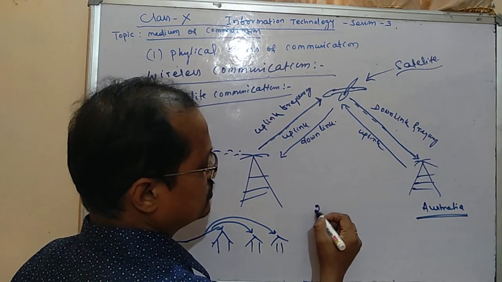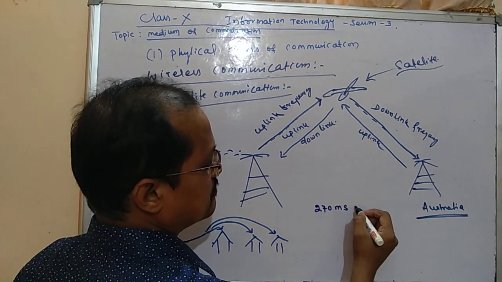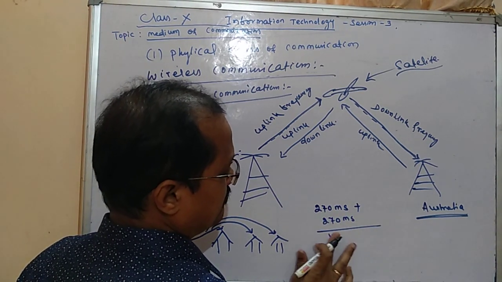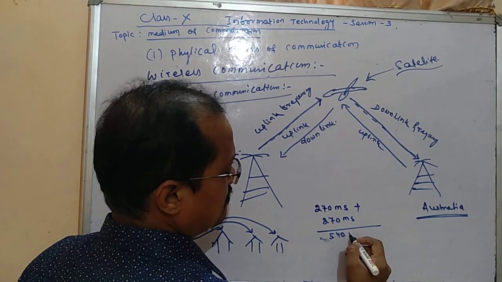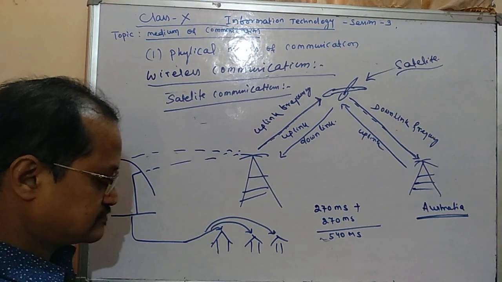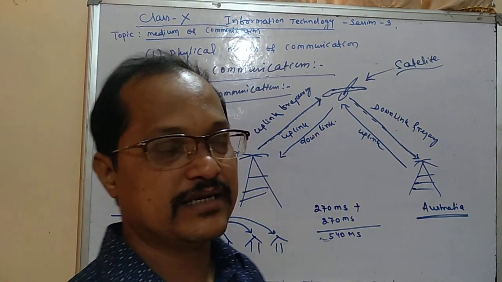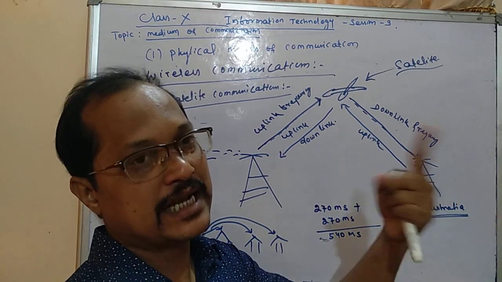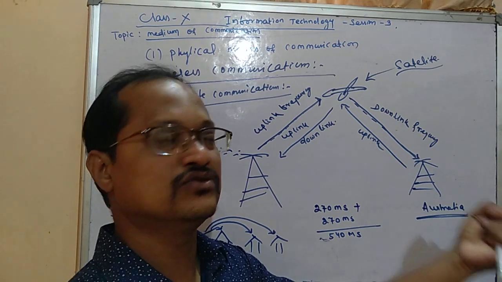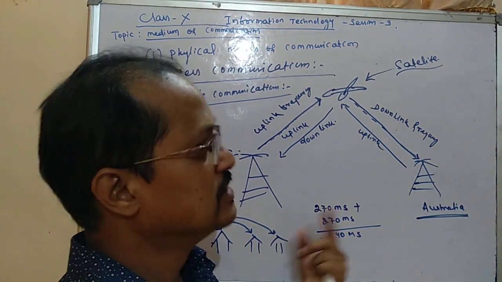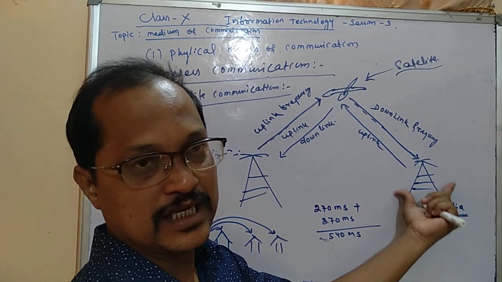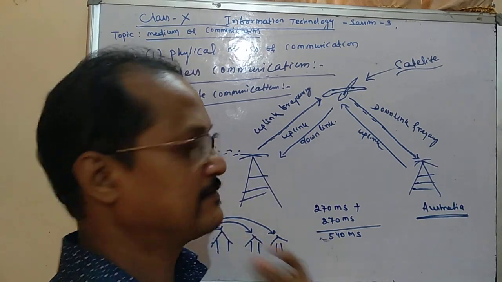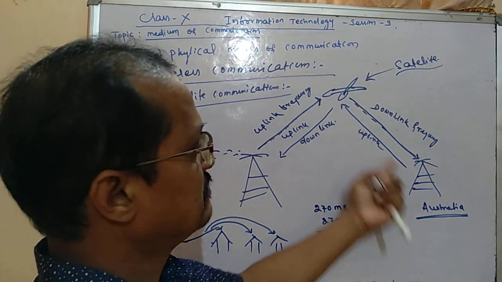It takes about 270 millisecond plus 270 millisecond, that is equal to 540 millisecond. That means every instance of the match we are observing, we are enjoying after 540 millisecond. So this is the concept of satellite communication.